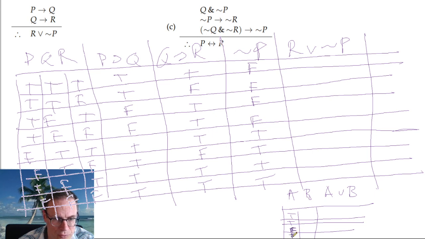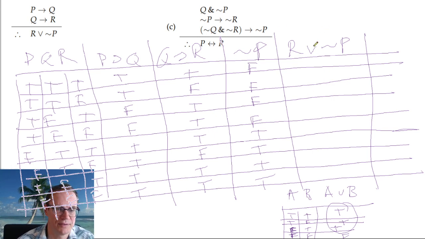So here we have TTFF, TFTF, and then A or B is true when both are true, is true when only A is true, it's true when only B is true, but it's false when both are false. So the or is true on 3 lines.